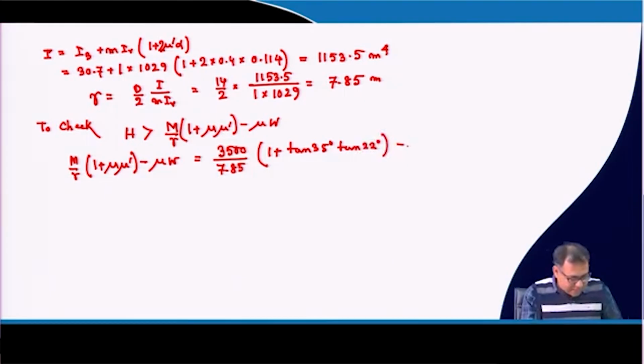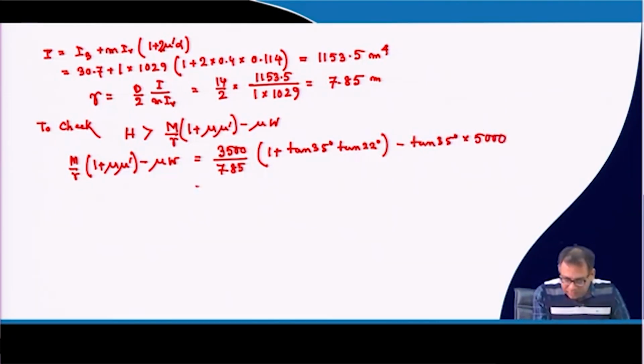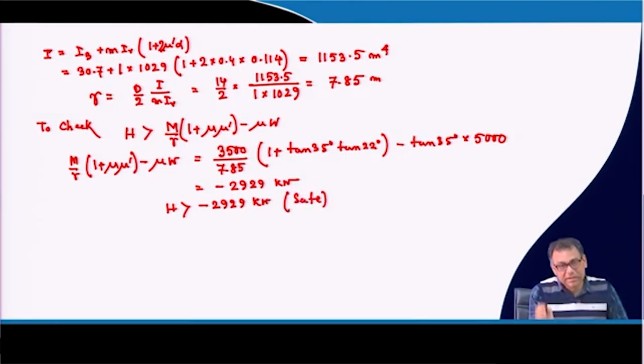So, minus again mu is tan phi, tan 35 degree, and W is 5000. So, that value is minus 2929 kilonewton. Okay. So, H is greater than minus 2929 kilonewton, which is safe, because H is 1000 kilonewton.